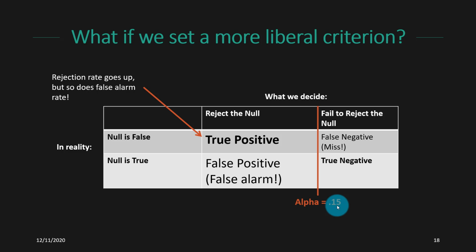We're moving our threshold for what constitutes a research finding, kind of in quotes. So the rejection rate is going to go up, right? We're going to declare more things research findings because now we're rejecting the null 3 times as often as we were before. But the problem is the false positive rate is going to go up as well. So we're missing fewer potential results, but we're also declaring more false positives.